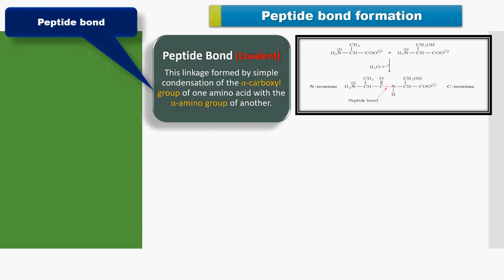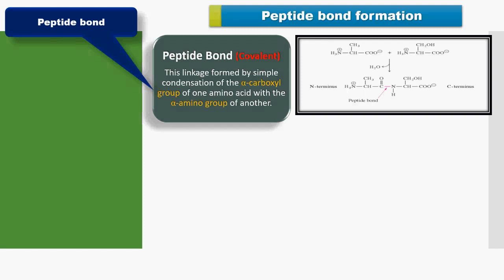So the peptide bond is known as the bond which links two amino acids by removing a water molecule, or dehydration condensation, and the linkage is between the carboxyl group of the first amino acid and the nitrogen or the amine group of the second amino acid.